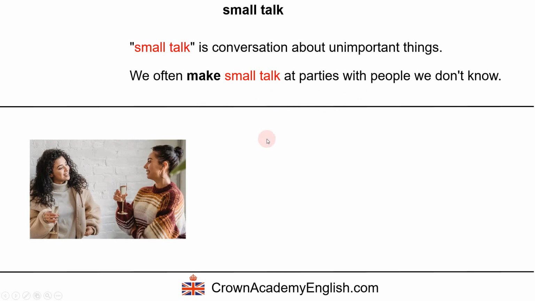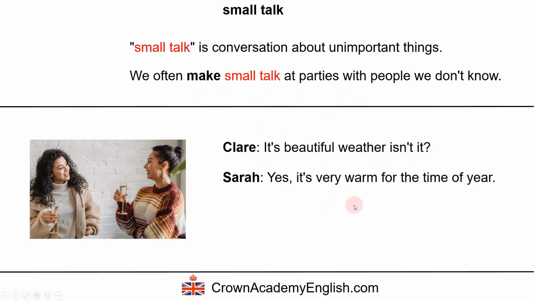So here's a very common example. 2 people at a party, they don't really know each other. Claire says, it's beautiful weather, isn't it? And Sarah says, yes, it's very warm for the time of year. So they're making very polite conversation with each other.